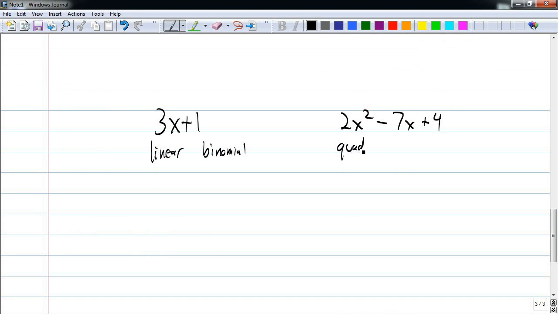So for example, 3x plus 1 is a linear binomial. Okay? 2x squared minus 7x plus 4, that's a quadratic trinomial.